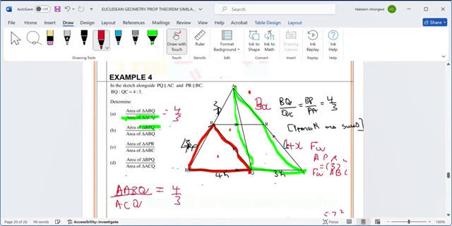I'm trying to summarize. I should write the right thing here so that people are not confused. This was 4/3, and then I can make ABQ the subject.